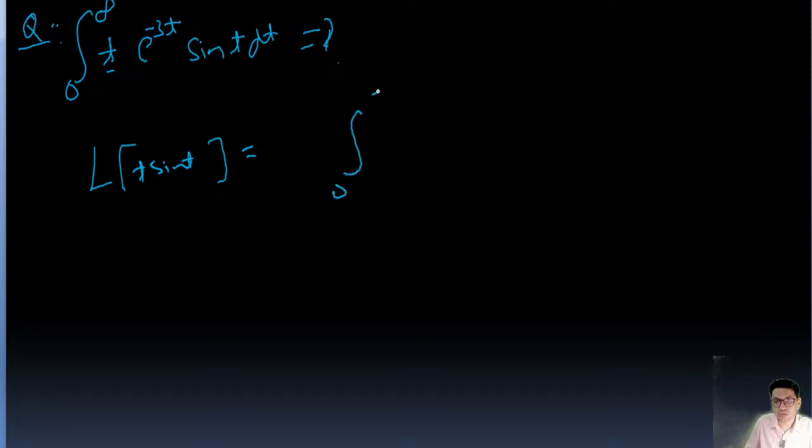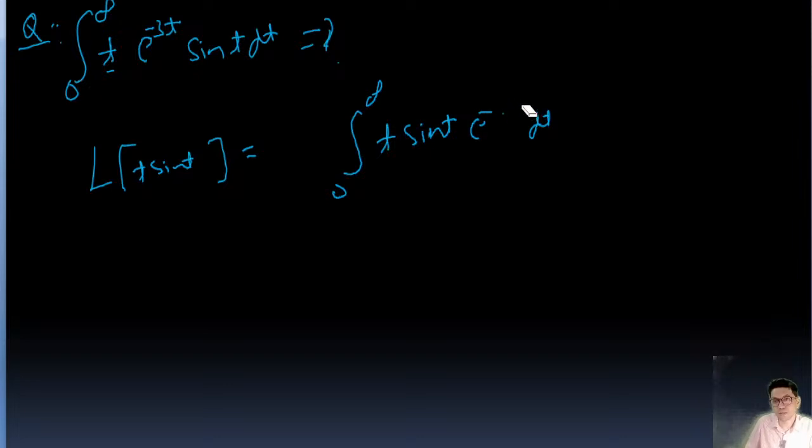The Laplace transform of t sin t is the integration from 0 to infinity of t sin t times e to the power minus st dt. This is the formula we know.